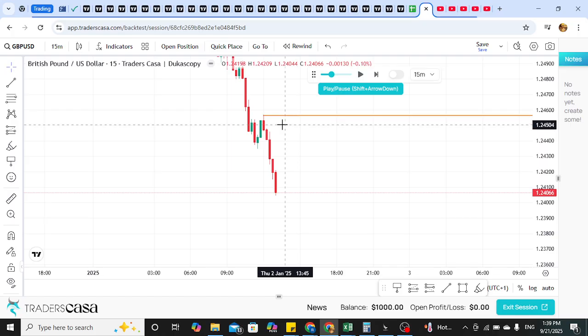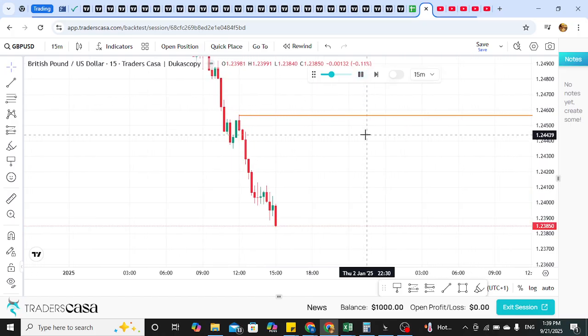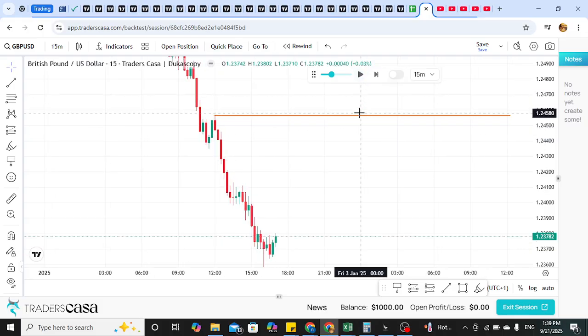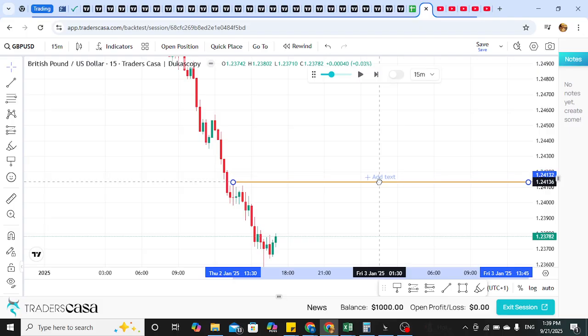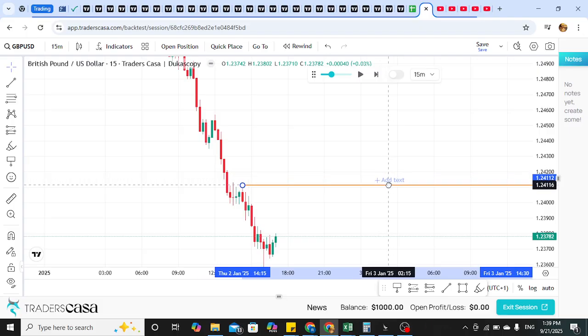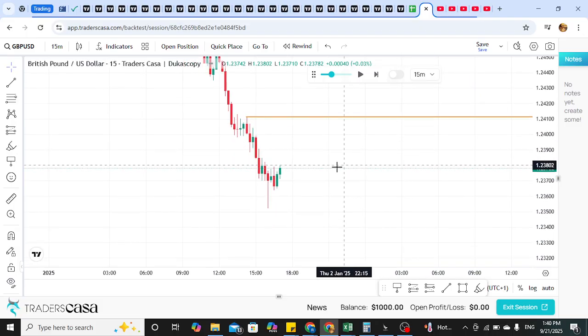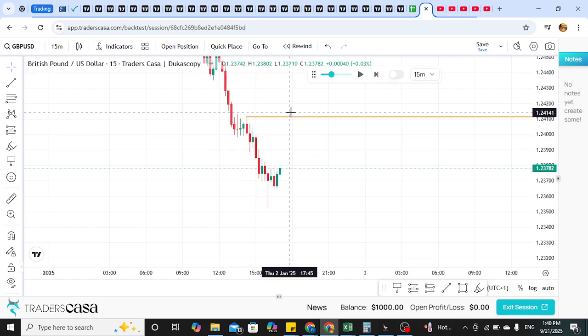What we're trying to do is identify that part by understanding. So we have a pullback here. We have a pullback here. Do we have another pullback? No, this is the most recent pullback.